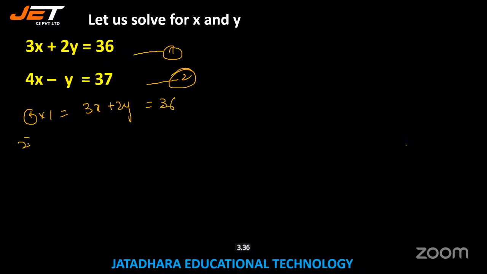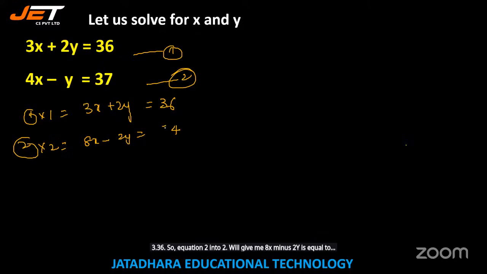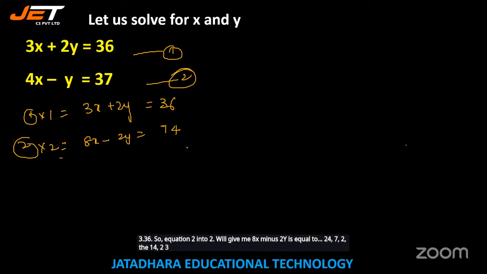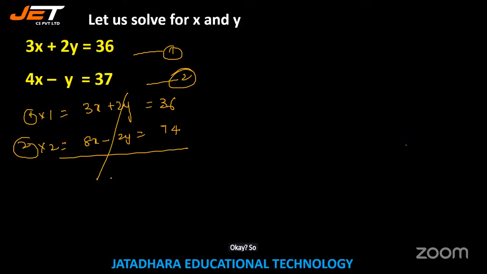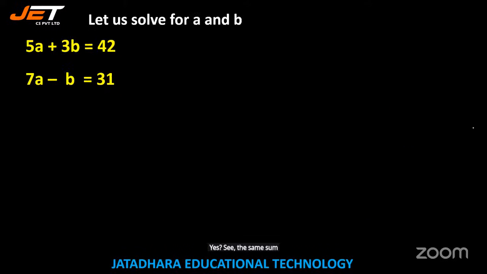So equation 2 into 2 will give me 8x minus 2y is equal to 74. 7 2s are 14, 2 3s are 6 plus 1, 7. Okay. So 8, 9, 10, 11, 11x is equal to, I think the same sum we are doing. X is 10. Yes. See the same sum. Yeah, the same sum we have done. Right. Now let's move on to the next question.